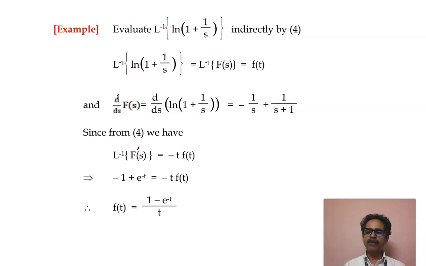So whenever we want to find the inverse Laplace transform of a logarithmic function or inverse trigonometric function, use the formula: inverse Laplace transform of the derivative d upon ds of capital F of s is equal to minus t into f of t.